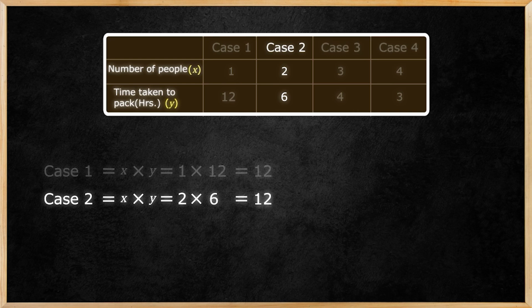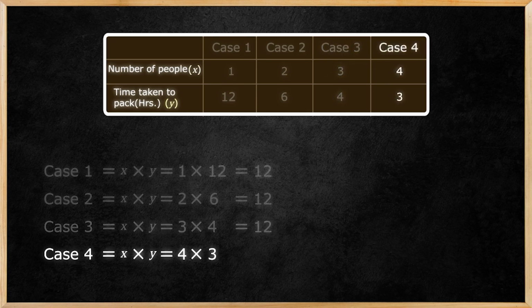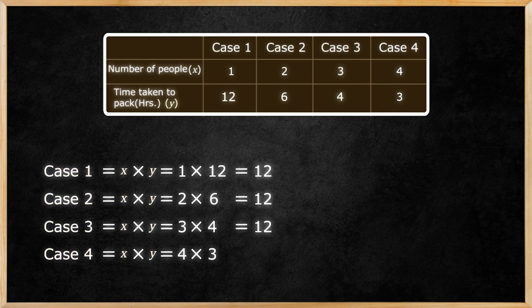What is the product of x and y from the third case? Yes, it is 12 again. You can check the product of x and y from the fourth case too. You will find that the product of x and y in each case is constant and equal to 12.